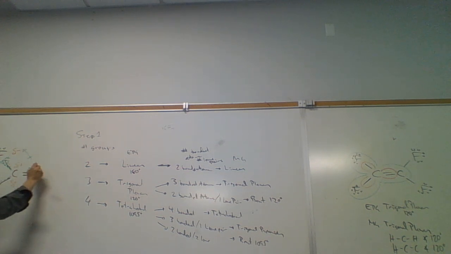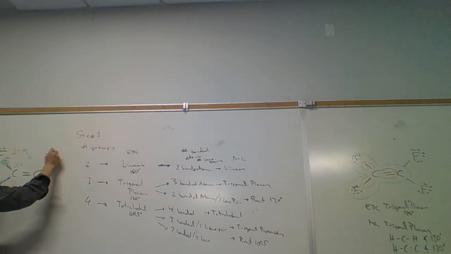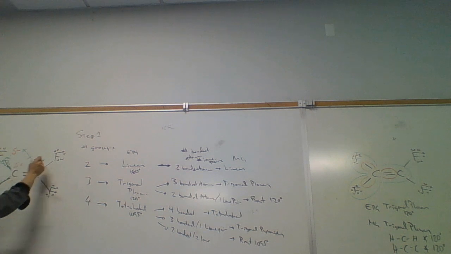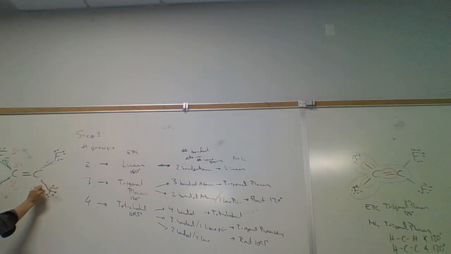Okay, we could do the same thing over here. Another fluorine, another fluorine here. And so there are some polar bonds on this. These are polar bonds because of the difference in electronegativity.